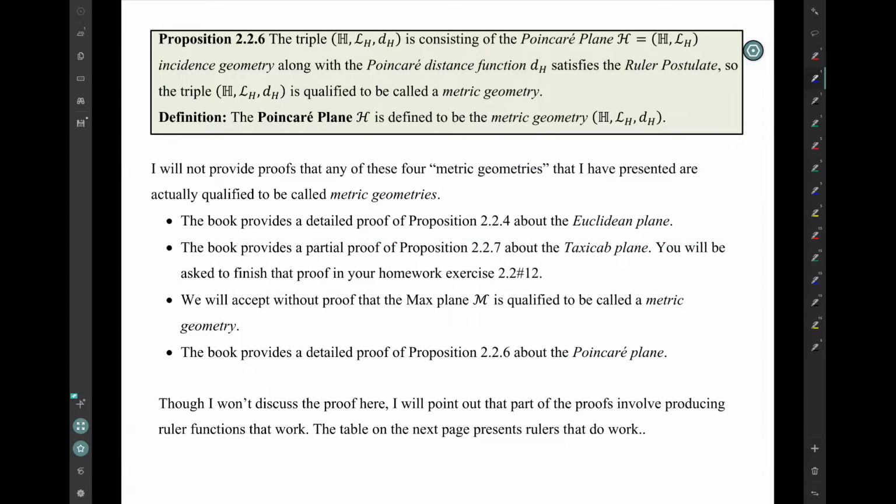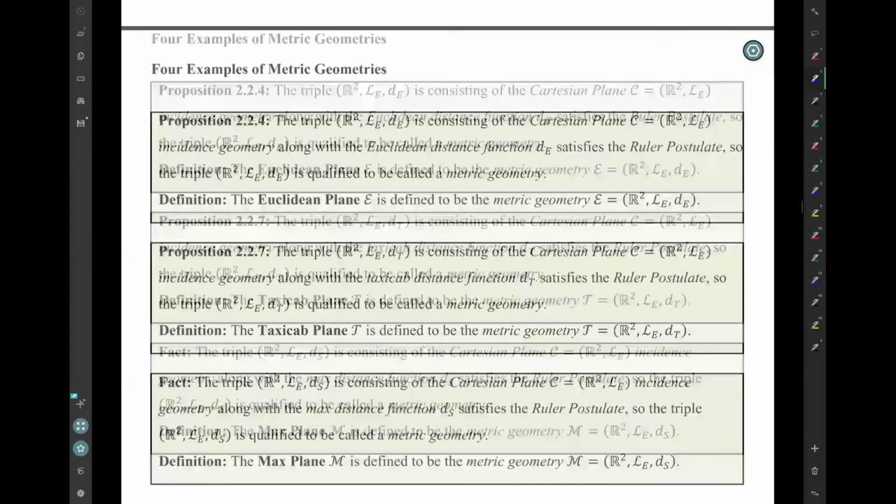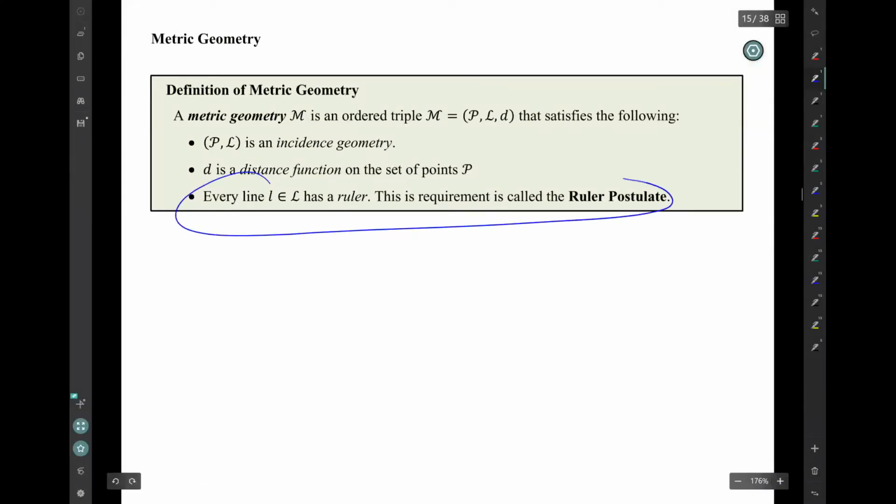Now, as I said, I won't discuss the proofs here, the proofs that these things really are qualified to be called metric geometries. But remember that to be called a metric geometry, you have to satisfy the ruler postulate. Every line has to have a ruler.